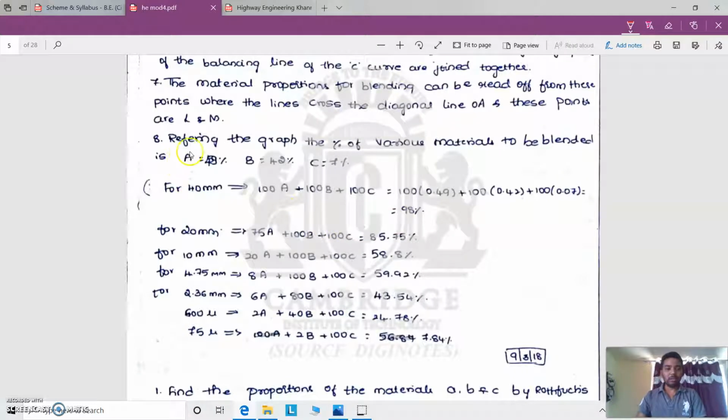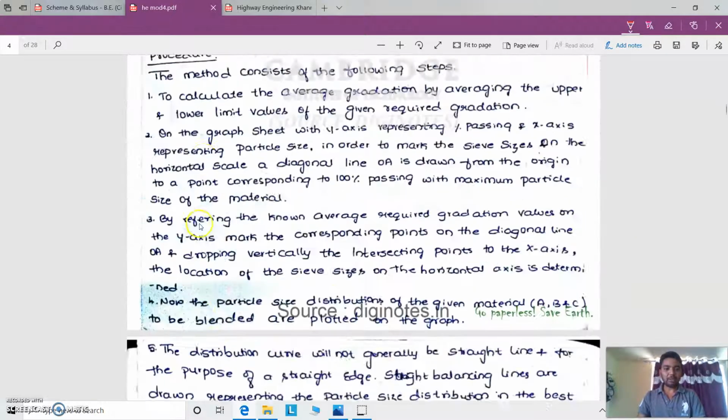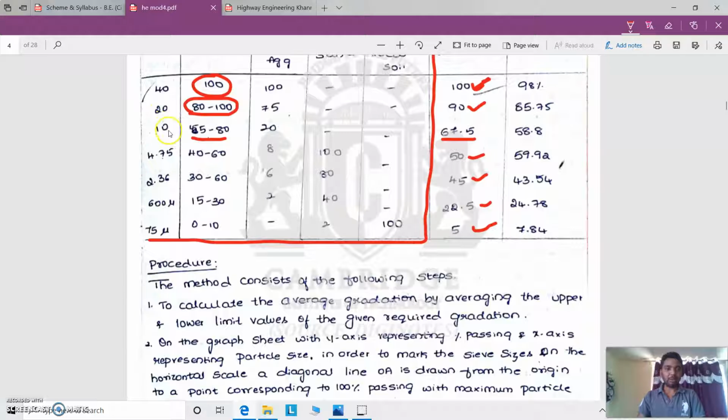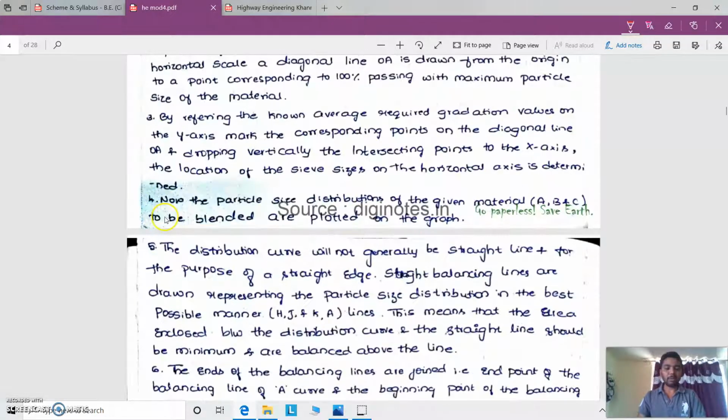Referring to the graph, the percentage of various materials to be blended is A is 49%, B is 42%, and C is 7%. These 7%, 42%, 49% are obtained from the graph. The sieve sizes are given in the table here: 40 mm, 20 mm, 10, 4.75, up to 75 microns.